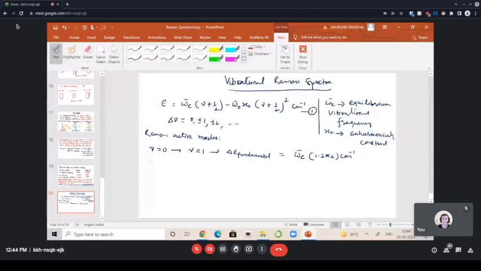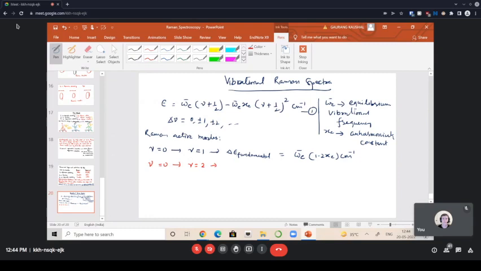Okay, another mode can be v equal to 0 to v equal to 2. So these are basically the vibrational quantum numbers, which we had discussed when we were discussing the vibrational spectrum. This transition is called the overtone. There was the first overtone, second overtone, third overtone, and so on.